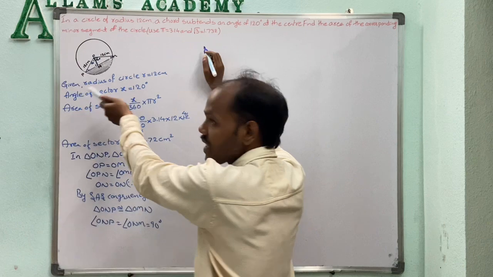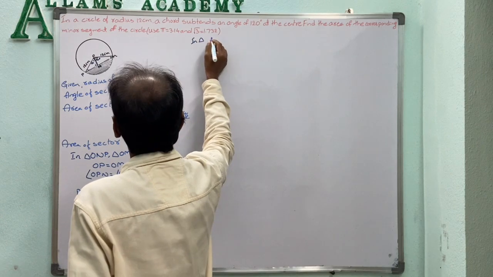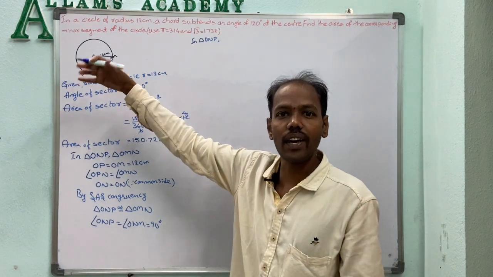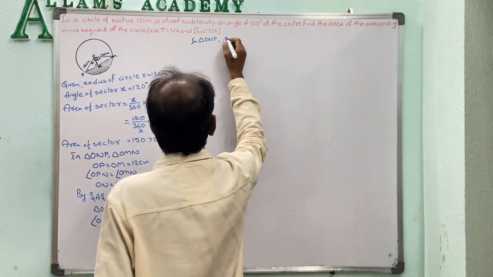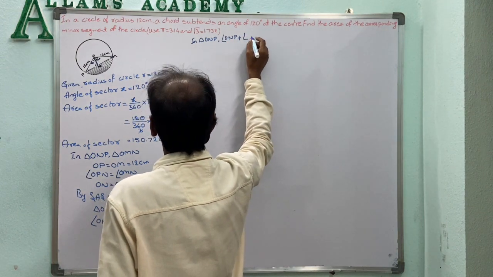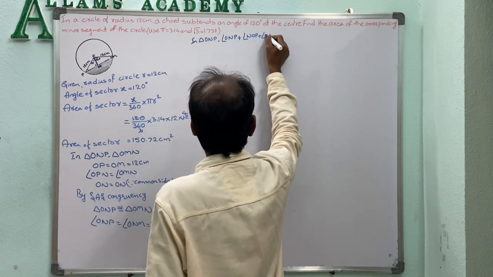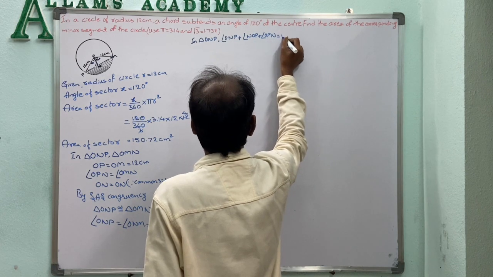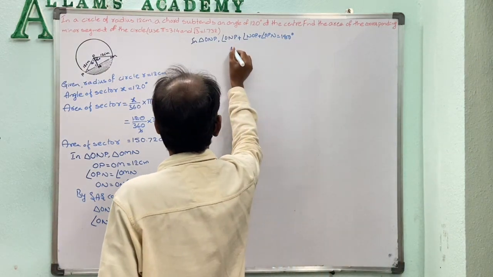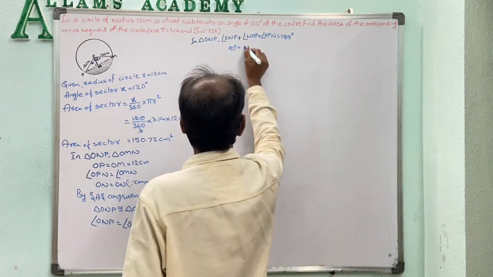In triangle ONP, the sum of the angles of a triangle is 180 degrees, which we already know. So angle ONP plus angle NOP plus angle OPN equals 180 degrees. Angle ONP is 90 degrees and angle NOP is 60 degrees.